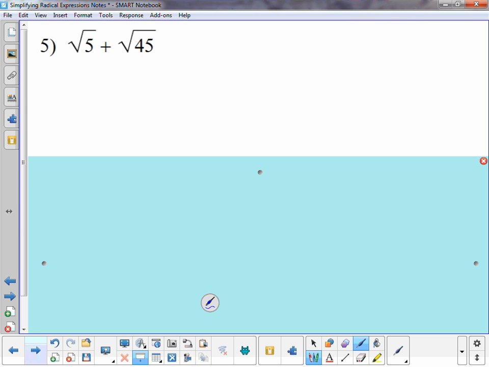Okay, so let's do some more. So now what if we're adding two radicals like this? So number 5, square root of 5 plus square root of 45. So let's make a note over here.